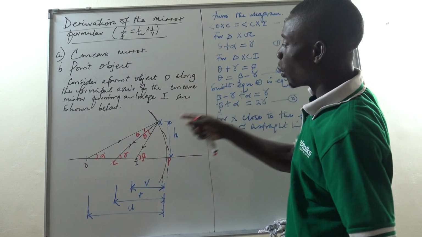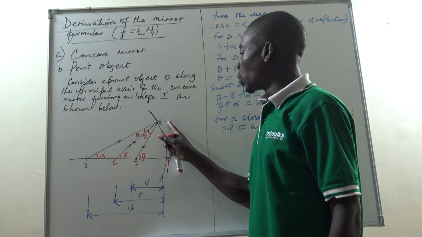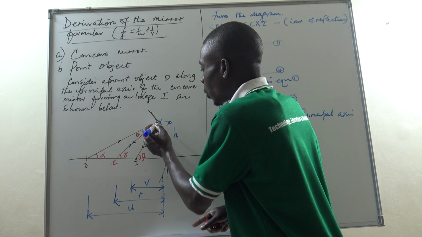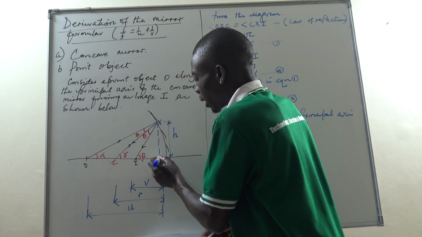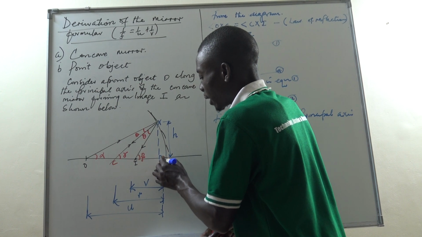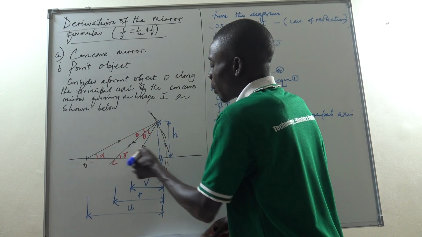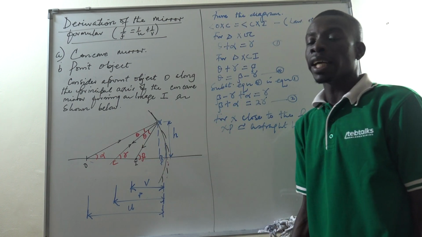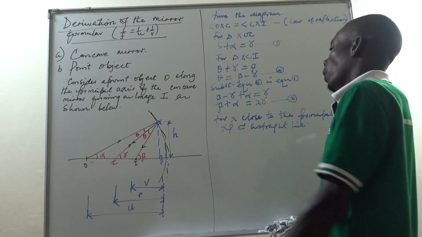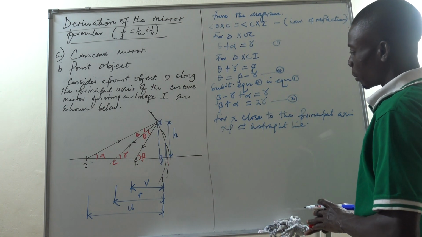If we look at this point of incidence being close here, we would take XP as a straight line. If it was incident maybe from here up to here, you'd realize that this one will approximately be taken as a straight line. But we're just exaggerating for the purpose of getting that concept.